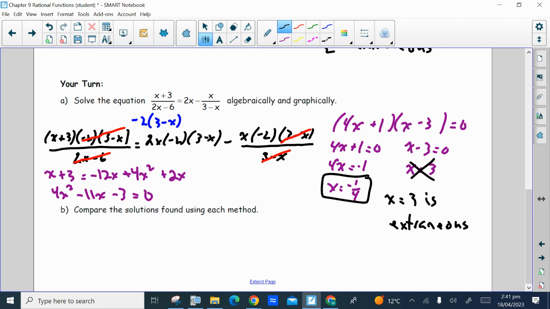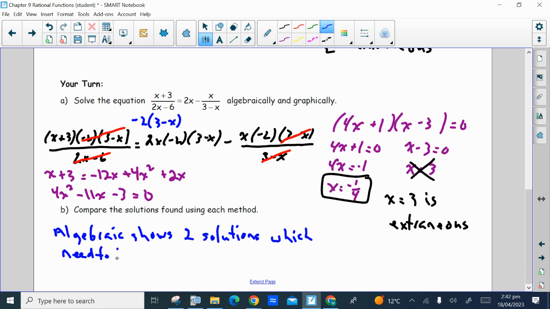So if we compare the solutions found using each method, the algebraic shows 2 solutions, which need to be checked to determine that x equals 3 is extraneous.